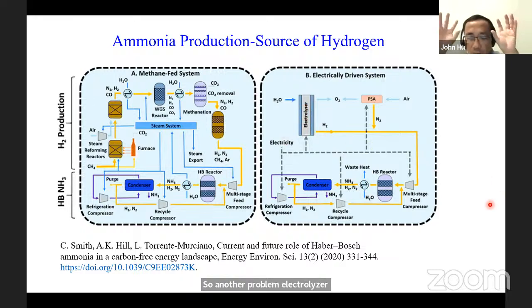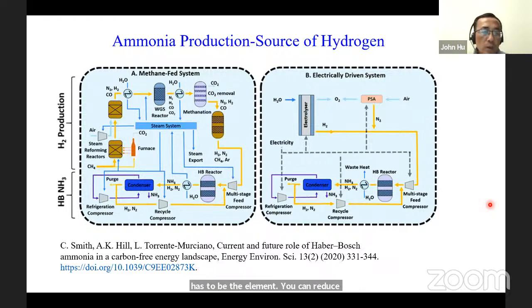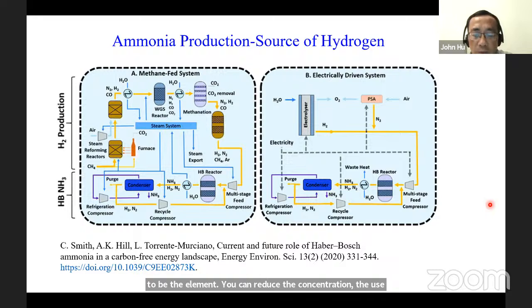Everybody knows the electrochemical cell, right? You have an anode, you have a cathode. The cathode material has to be iridium. Iridium in the periodic table is Ir. For whatever reason, nobody can replace it. It has to be that element. You can reduce the concentration, the use, but that electrode has to contain iridium.